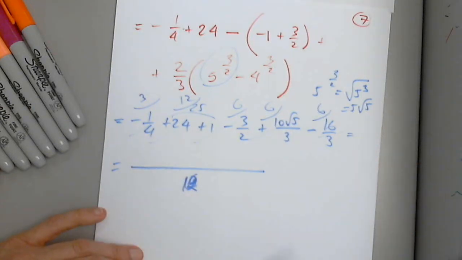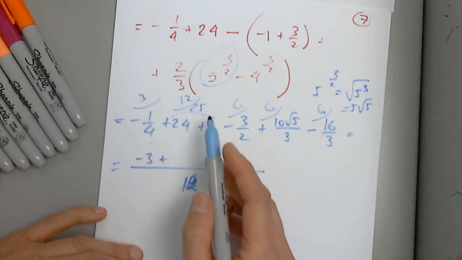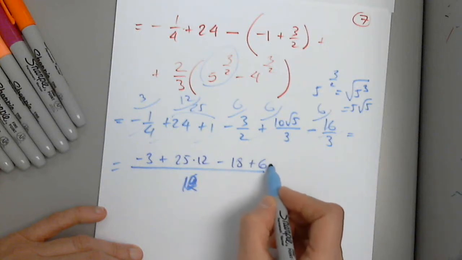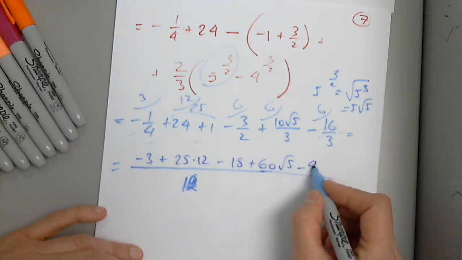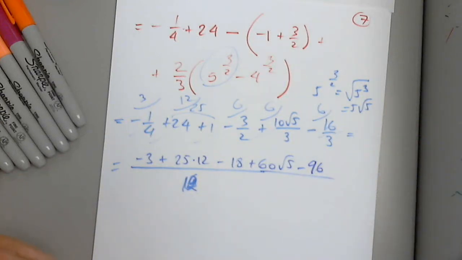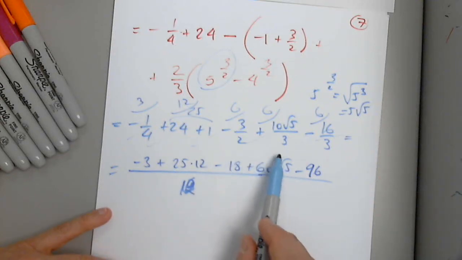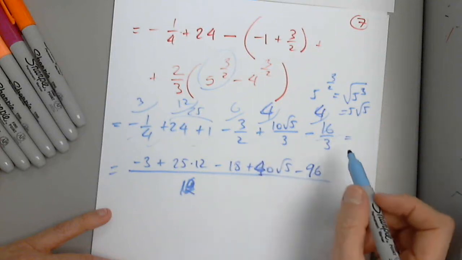I don't want you to waste time on this. It's not important. Okay, negative 3 plus 25 times 12 minus 18 plus 60 the square root of 5 and minus 96. The last two only 4, not by 6. Oh, yeah. So sorry, I'm rushing right now. Thank you. So this is 40.